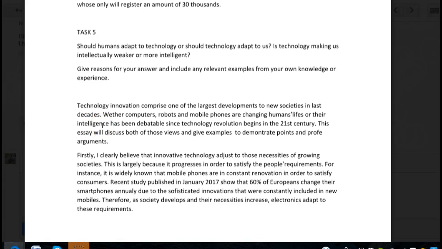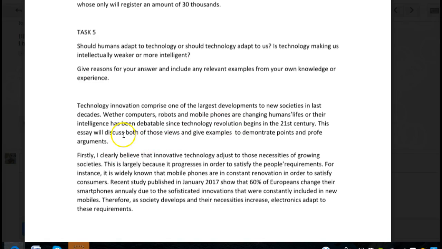"Whether computers, robots, and mobile phones are changing humans' lives or their intelligence has been debatable since technology revolution begins in the 21st century." Okay, so let's take a look at this sentence. "Whether" needs an H. "Robots, mobile phones are changing humans' lives" with a V. "Or their intelligence."